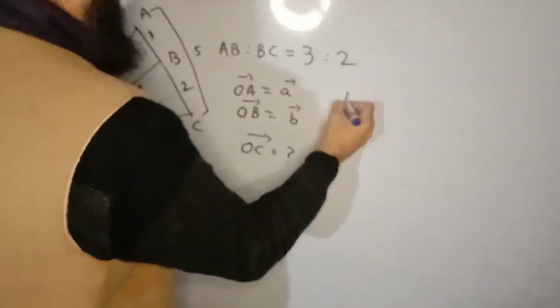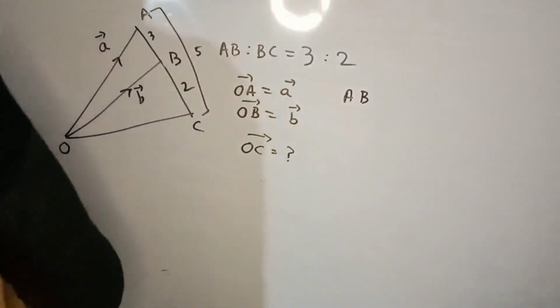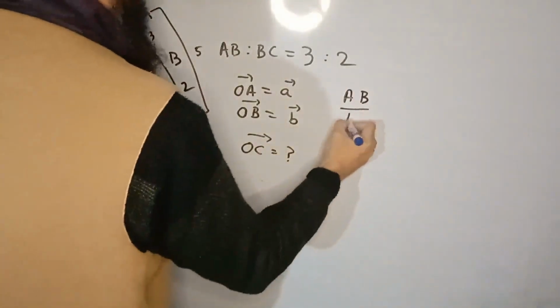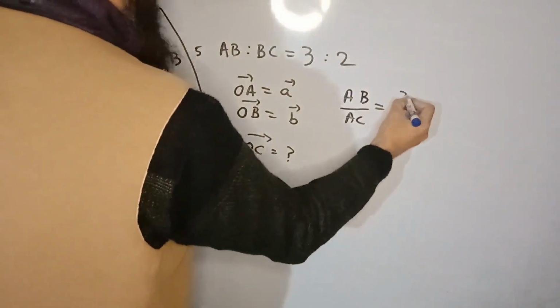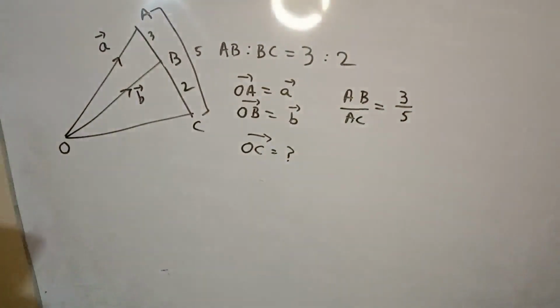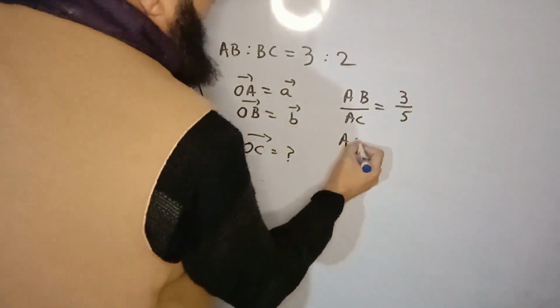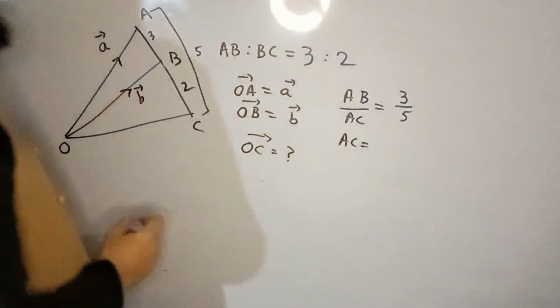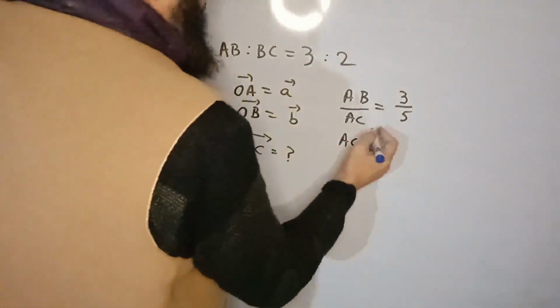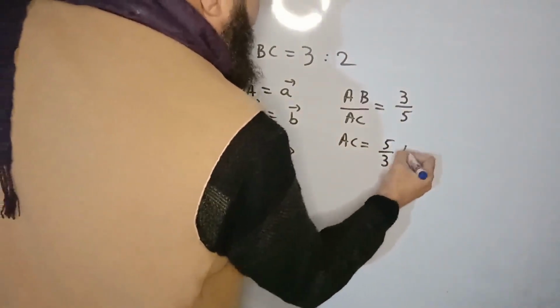This implies that the ratio AB to AC is equal to 3/5. Or you can write that AC is equal to 5/3 AB.